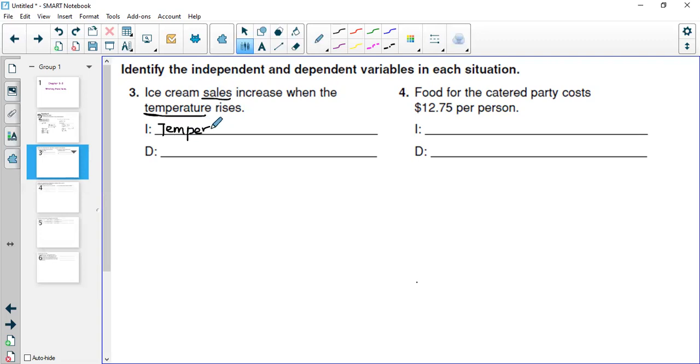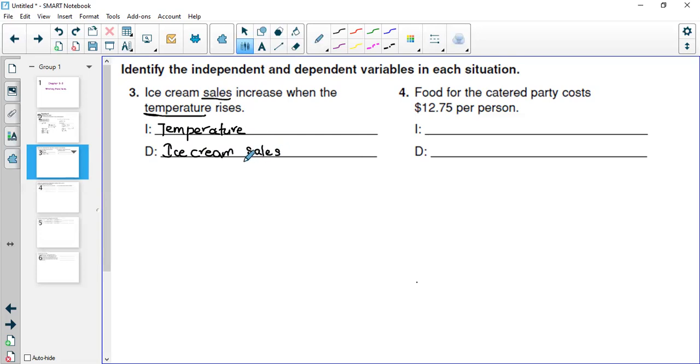If the temperature is less, the number of ice cream sold will come down. So totally the ice cream sales depends on the temperature. So what is the dependent factor here? The dependent variable is ice cream sales or sales. So ice cream sales is the dependent factor.